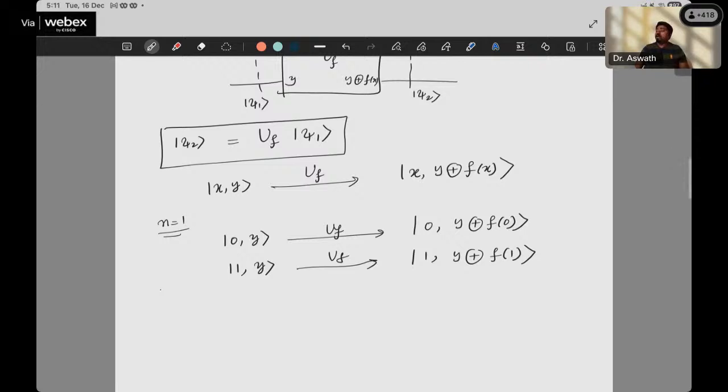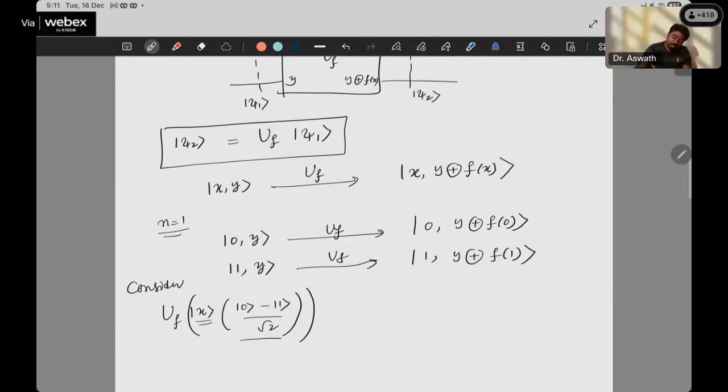Now I'll give you a simple scenario where some generic x is there, and my query register is x and the ancilla is 0 minus 1 divided by square root of 2. Now consider the unitary function acting on this overall thing. There is a query part and an ancilla part.